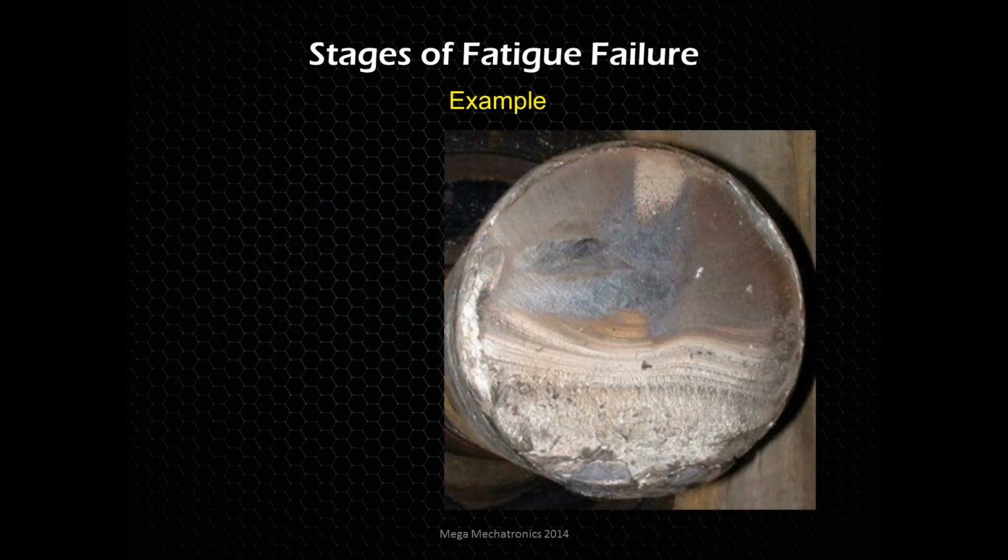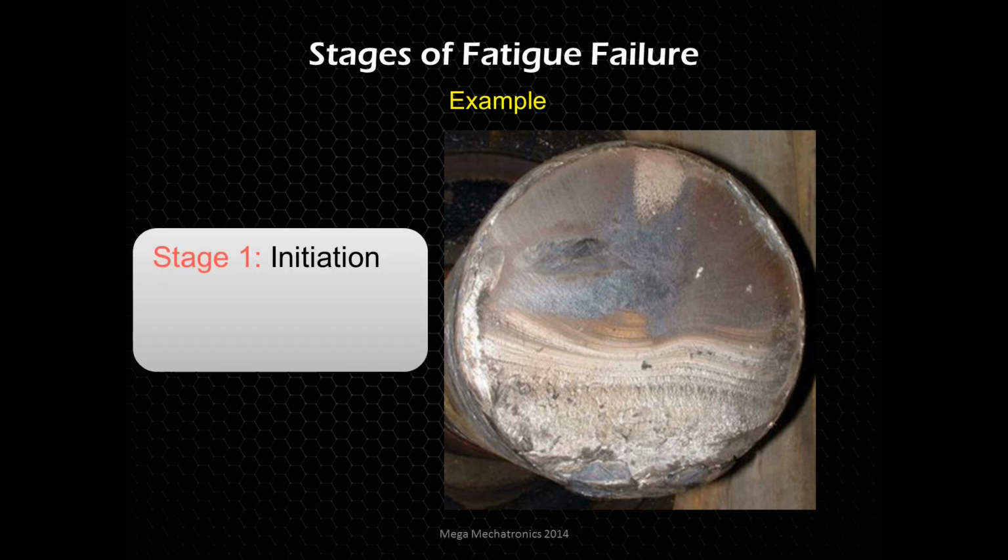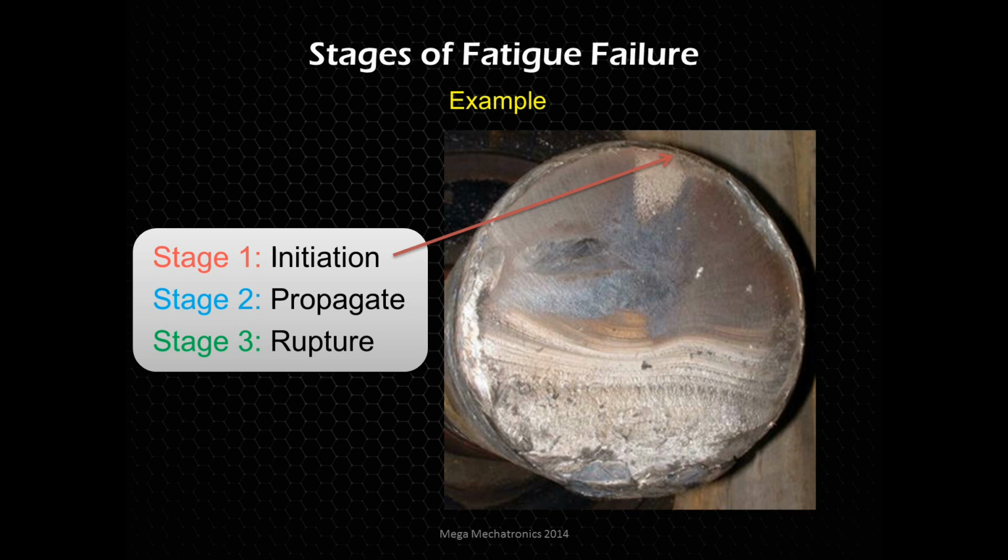So let's look at a picture here, and we can almost see, if we follow the beach marks that we can visibly see in this picture, we can get a good idea where that origin was. Around here. And then we're propagating over time. And you can tell it was over time because there's rust. Look at that rust, that oxidized orange, dark brown surface.